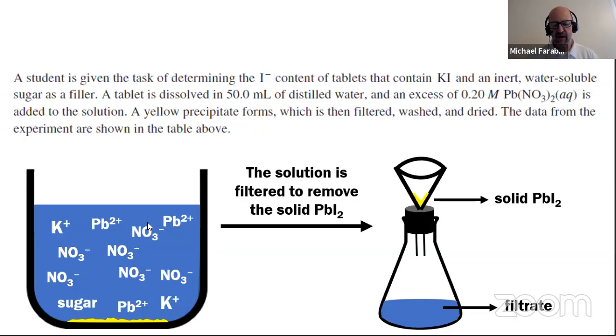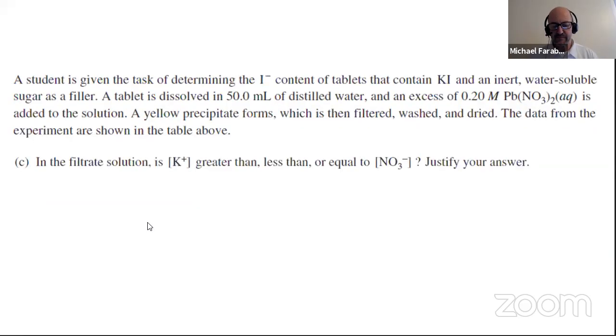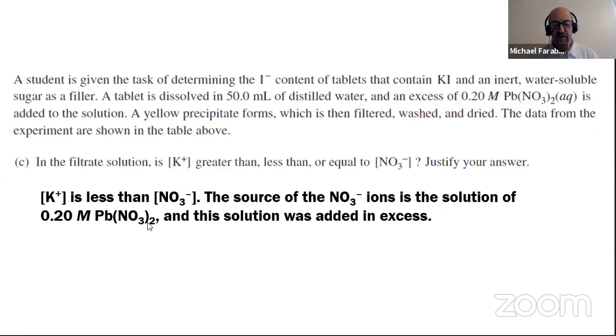The key word in the stem of the question is the word excess. Because the source of the nitrate ions in the solution is excess lead nitrate, the nitrate concentration should be much greater than the concentration of K+. So the official answer to this question is that the concentration of K+ is less than that of nitrate.